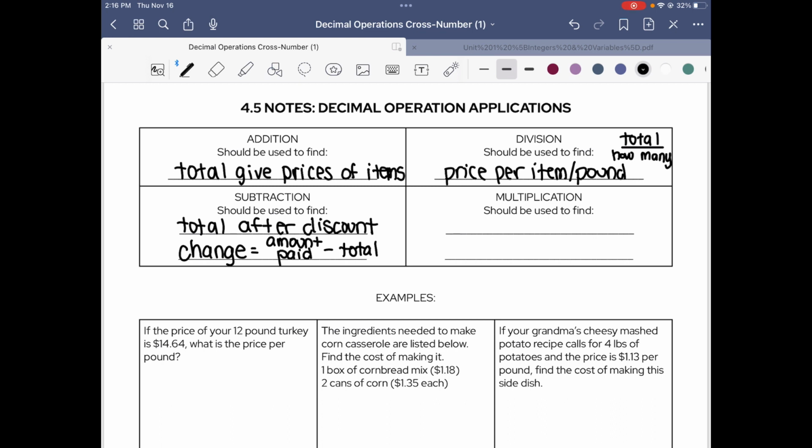Multiplication is the last one, and it also has about 2 different uses that I can easily think of for you. The first one is if you know the price and you're buying multiple items. So you might use it for the price of buying multiple of the same item. Like 3 boxes of macaroni would be 3 times the price of macaroni.